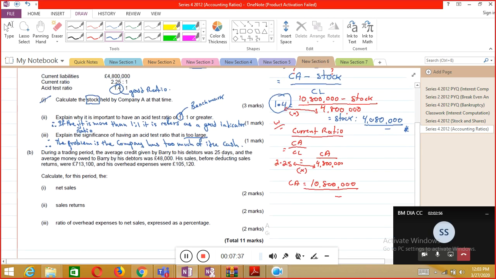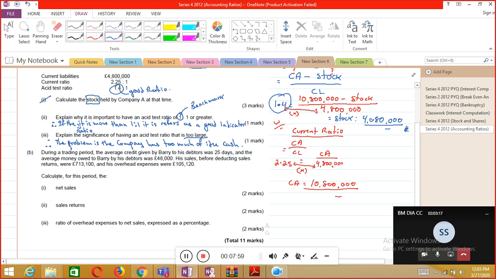You know what is idle cash? That means they are not using it, in other words. Too much is also not good, too little is also not good. So this is how it works. Too much idle cash. So this is the explanation for 2 and 3.